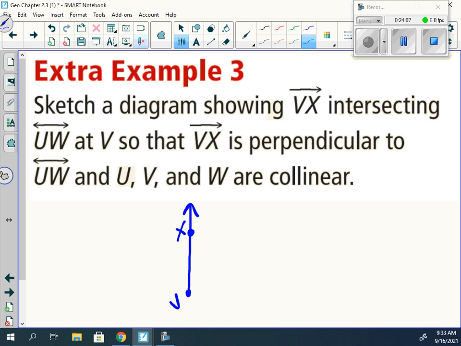Intersecting UW so that VX is perpendicular to UW. Well, if two lines are perpendicular, they intersect at what kind of angles? So to show that they're perpendicular, we can just put a right angle marker to show that each one of those angles is 90 degrees.